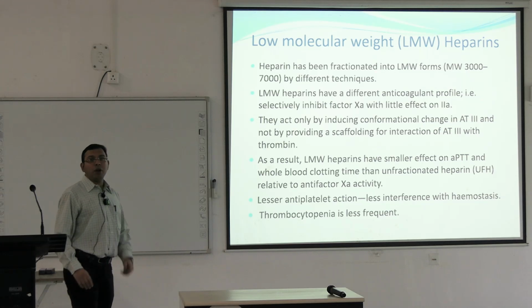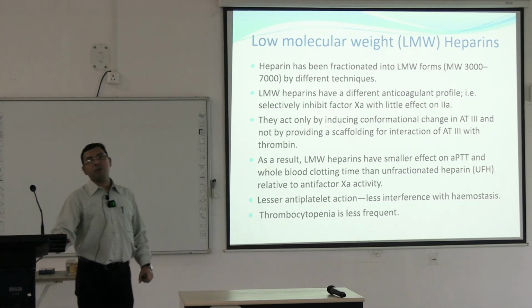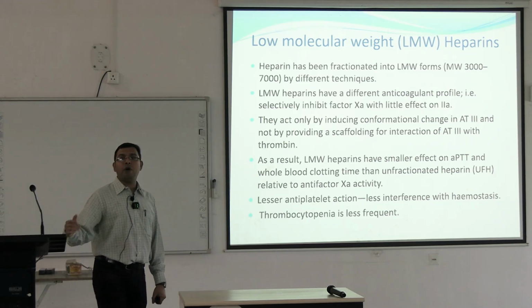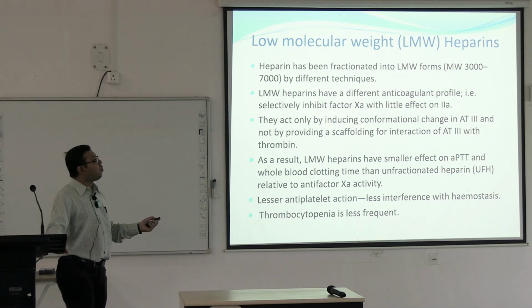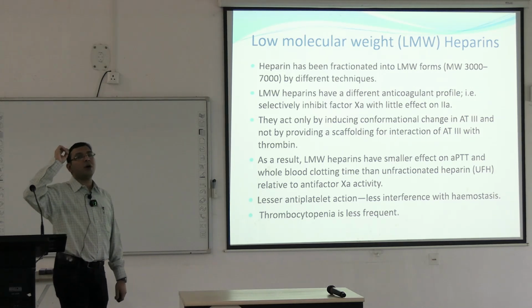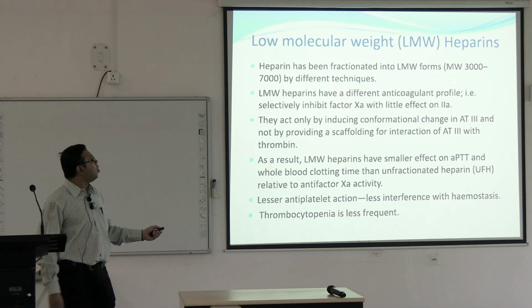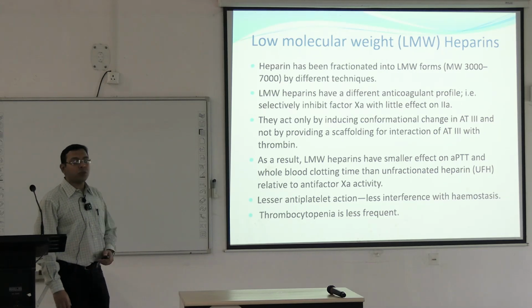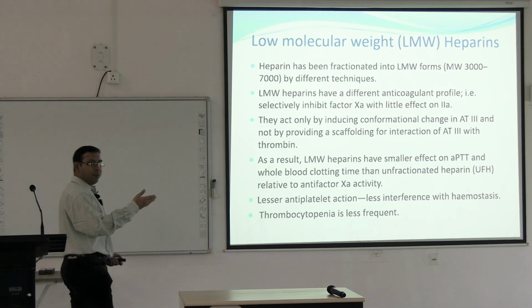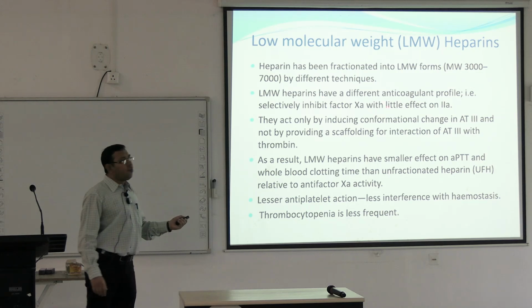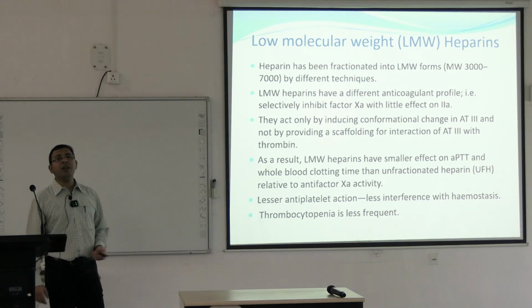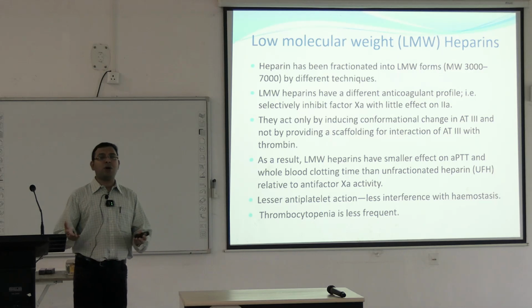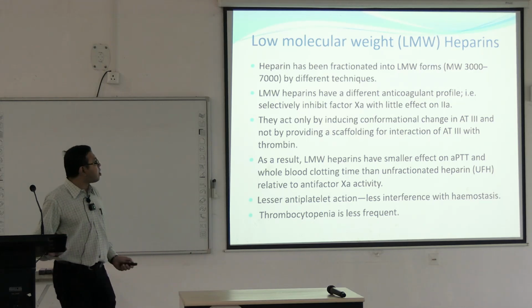Now coming to low molecular weight heparin, we have already discussed the mechanism of how it acts. They are fractionated into low molecular forms, from approximately 15,000 to 20,000 molecular weight to approximately 3,000 to 7,000, in the laboratory by means of cleaving. They have a different anticoagulation profile, selectively inhibiting factor 10A with very little effect on factor 2A or thrombin.